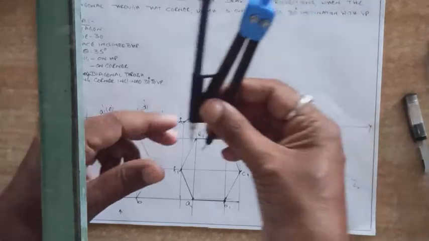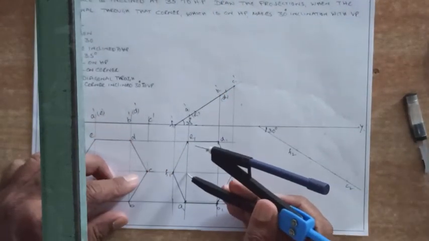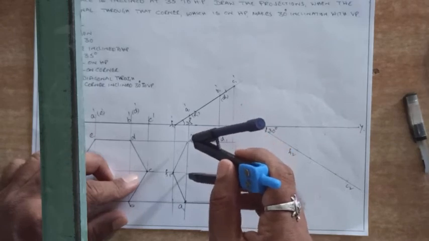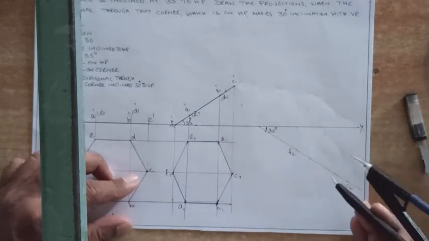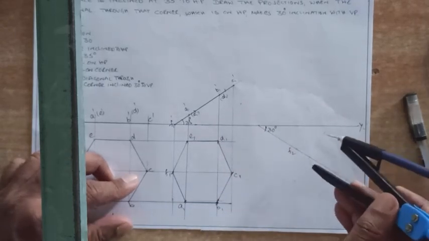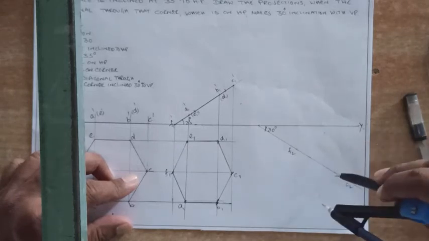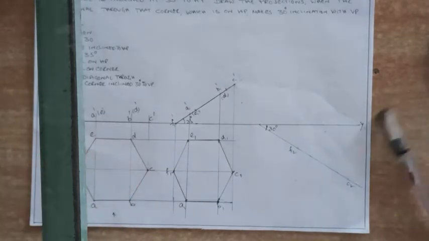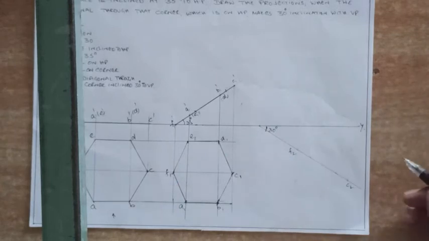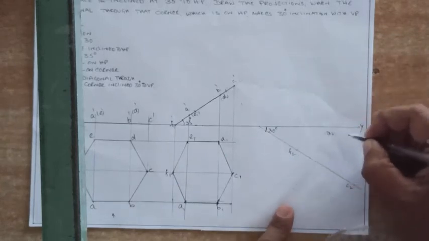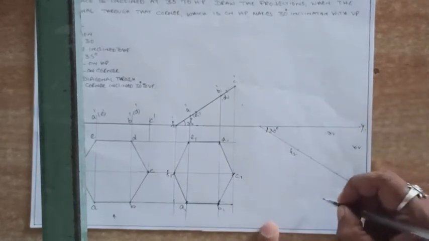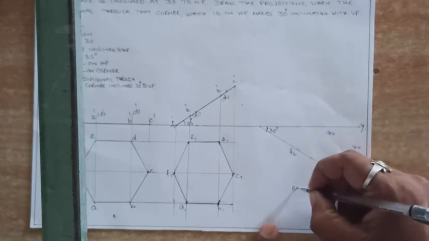Now again see here, distances from this middle line will all be equal, so it is easy to transfer the hexagon from here. So here and again here you can transfer. Now you can mark the points here as A2, B2, D2 and E2.